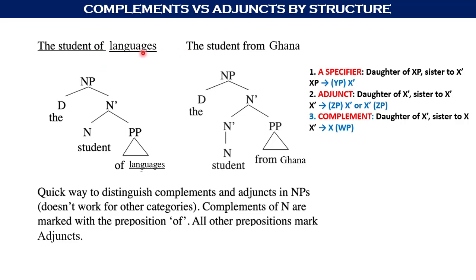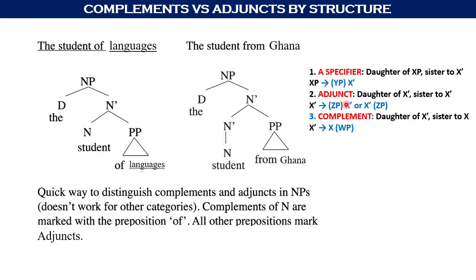Now let us move on to the next level, because we are done with specifiers. We don't have any specifiers here. Now the next level is to look whether we have adjuncts. Now do we have adjuncts in this? No, we don't have any adjuncts. But do we have an adjunct in this phrase? Yes. This is not an of preposition, so from Ghana is an adjunct. And what do we know about adjuncts?